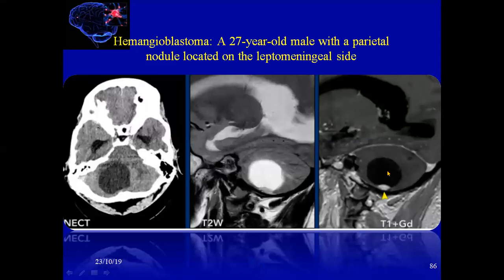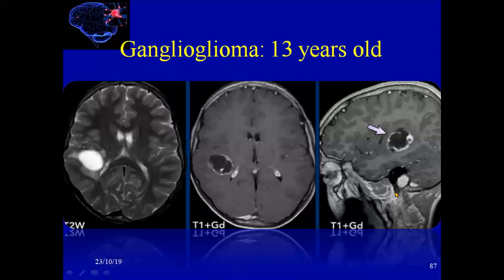Hemangioblastoma here in a 27-year-old male with a parietal nodule on the leptomeningeal surface. We see a partial nodule here, a nodule in the cerebellum.